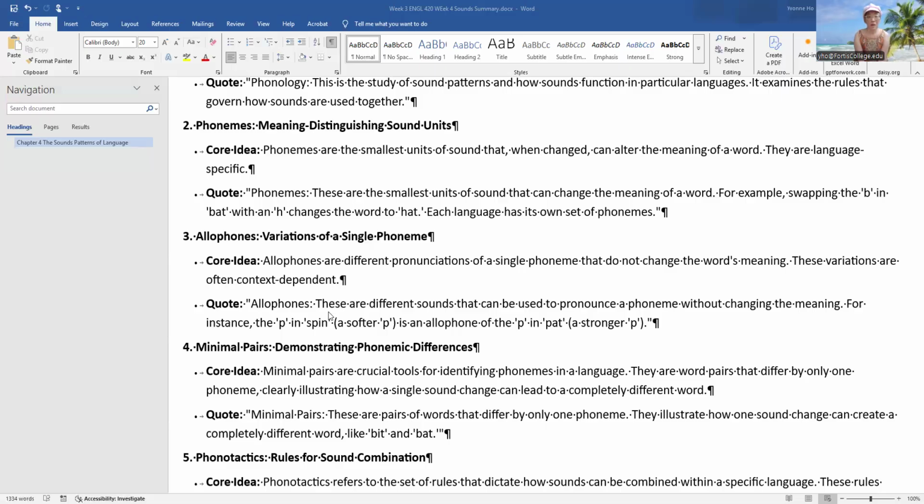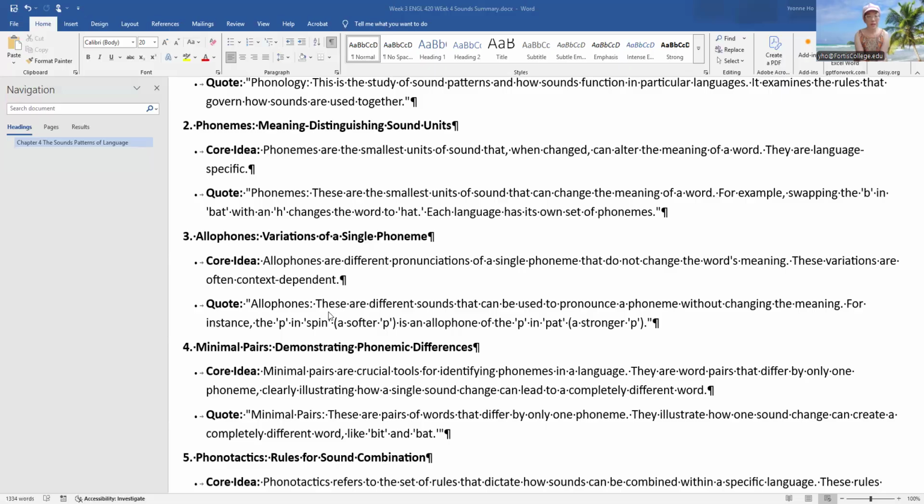So allophones are different pronunciations of a single phoneme that do not change the word's meaning. So these variations are often context dependent, hence spin or pin, pat or bat.